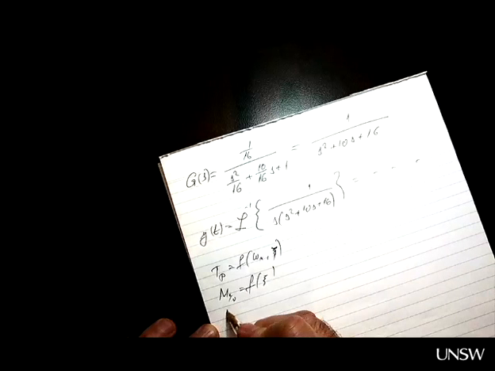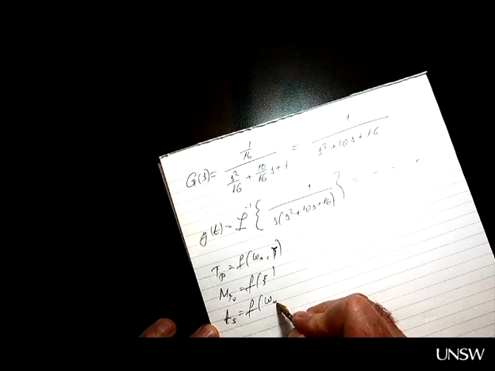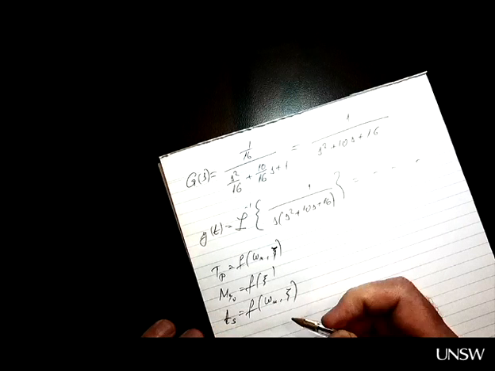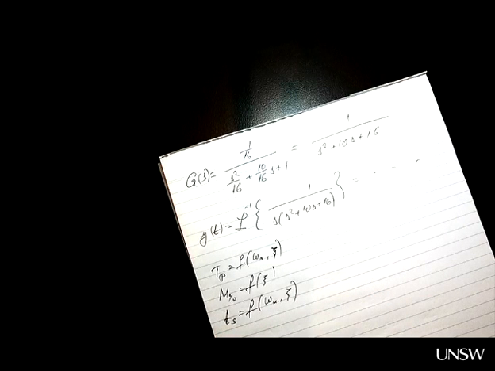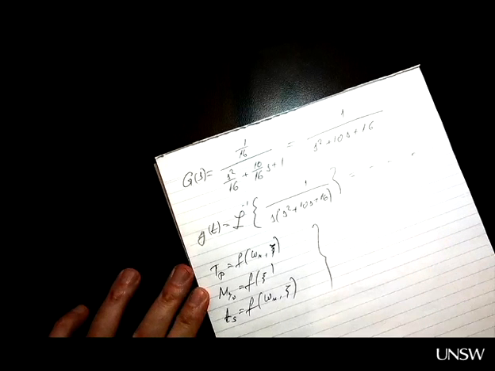And Ts will be a function of omega n and psi. What exactly those functions are, we can have a look a bit later. But before we apply these, we have to check one very important thing, that the system is underdamped. Because if it is not, we can't apply these equations.